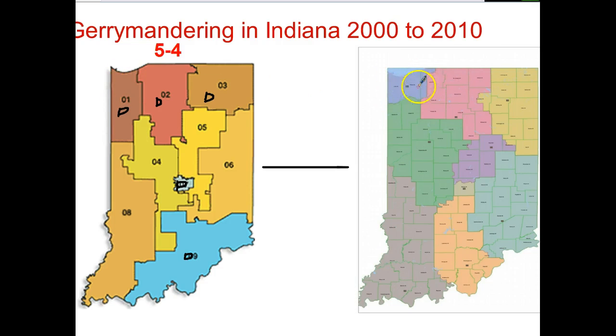Notice how all the Democrats were packed into Gary. The second district pulled some of those Democratic voters, but it also moved into other Republican territories.